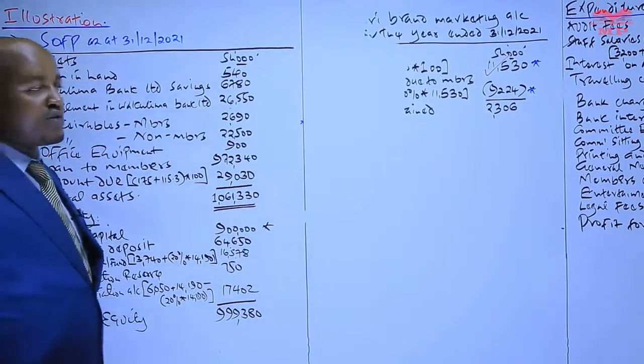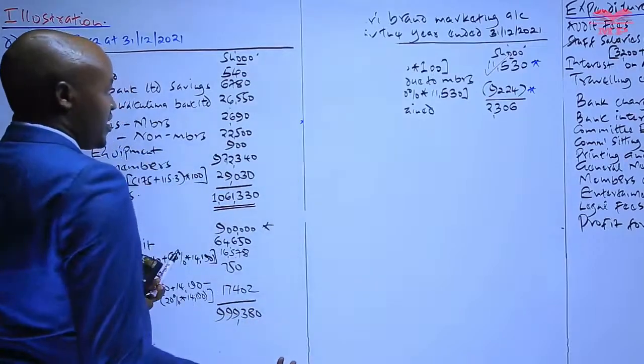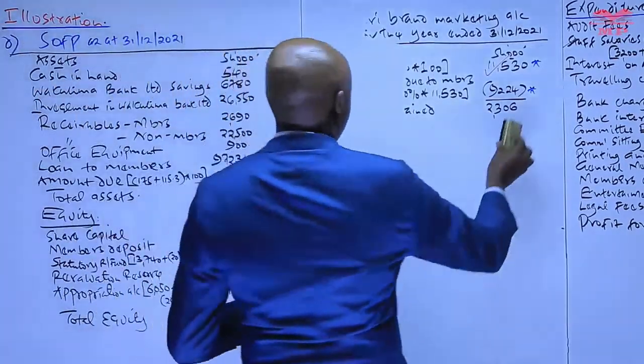So that is the total equity. So what we need to do next, or actually finally, we need to record now the liabilities.